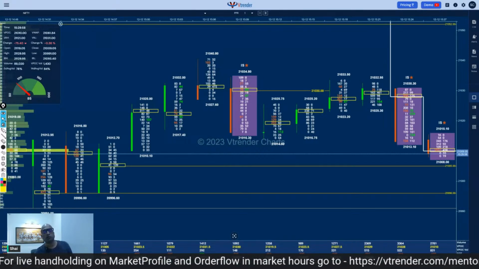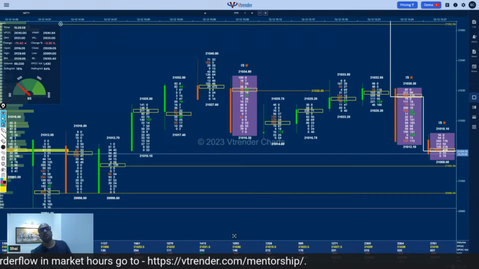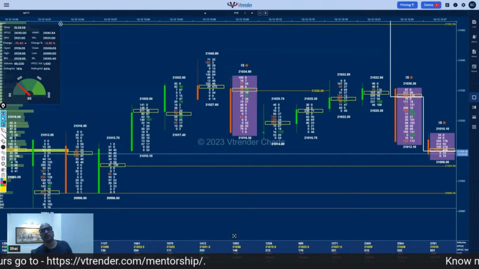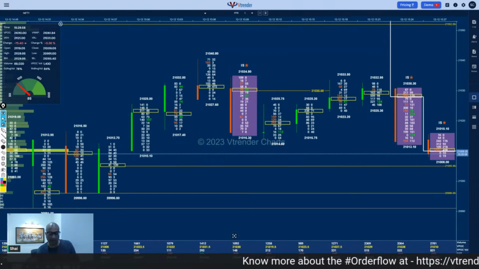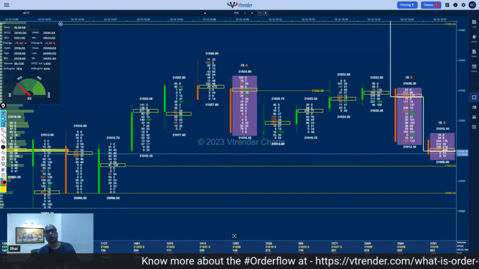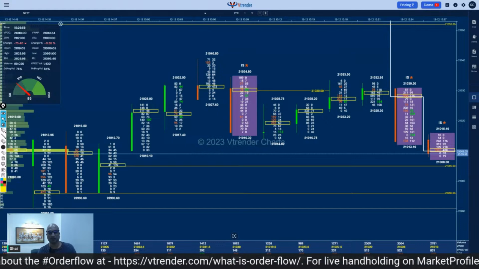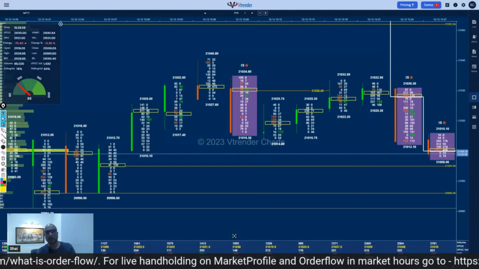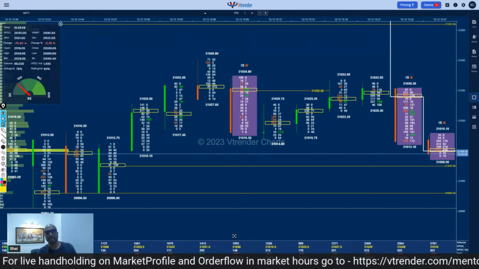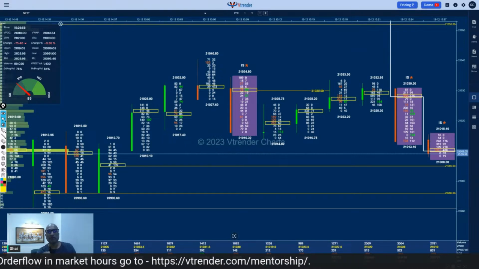Our focus today is going to be on understanding what initiative orders are, what initiative buyers are, and what initiative sellers are in the market. That very word, initiative, flows from an understanding of market orders. So just a quick revision of what we spoke about in the last session. We spoke about limit orders as being orders which are kept in the market at a certain price. Only when price, or the LTP, the last traded price, comes to that level, we know that order is going to be triggered.